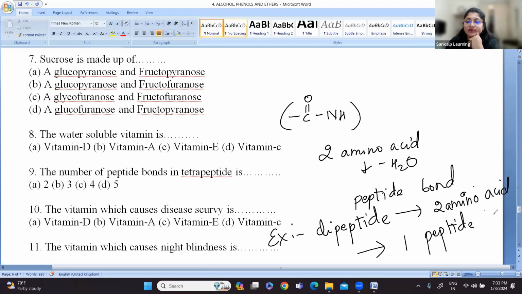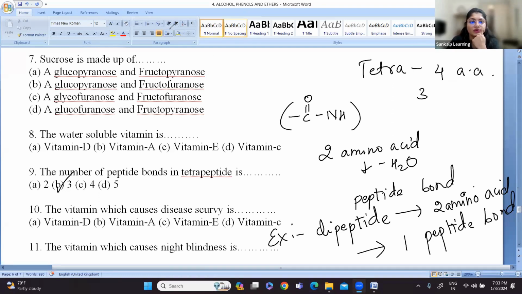Similarly, they have asked the number of peptide bonds in tetrapeptide. Tetra means four, right? So in tetrapeptide, four amino acids will be present, but the number of peptide bonds will be three. So option B is the correct answer.